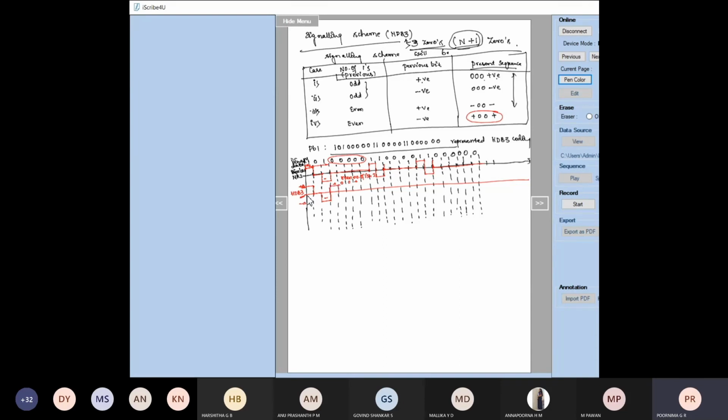Then it goes to 0, next also positive, then 0 followed by 0. Next bit is 1.